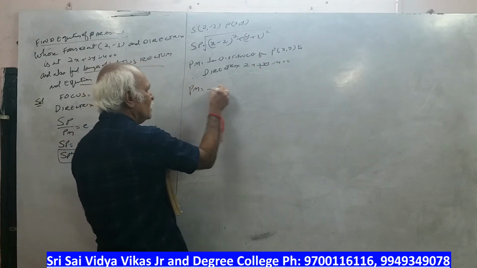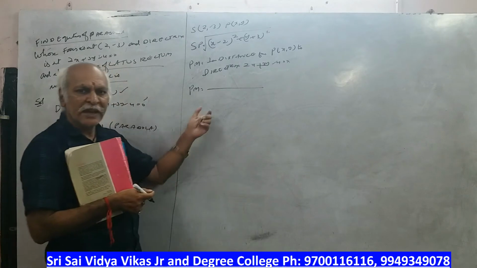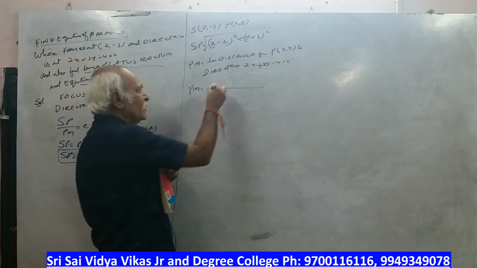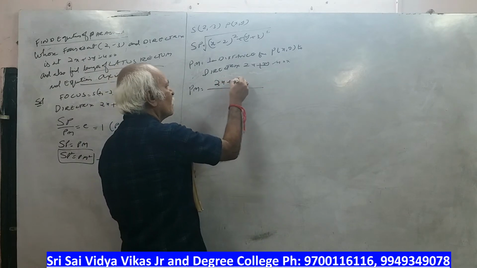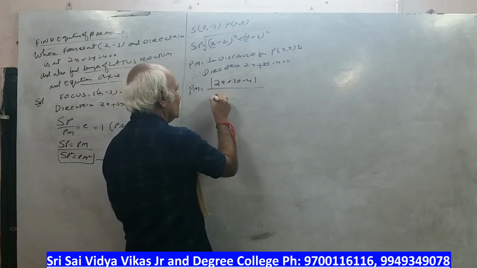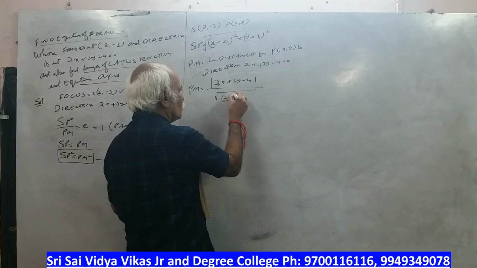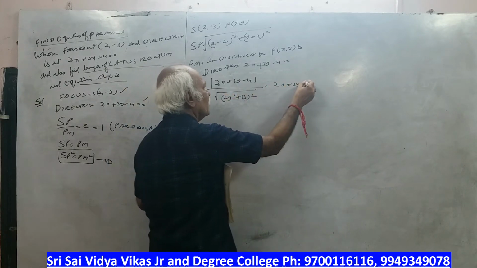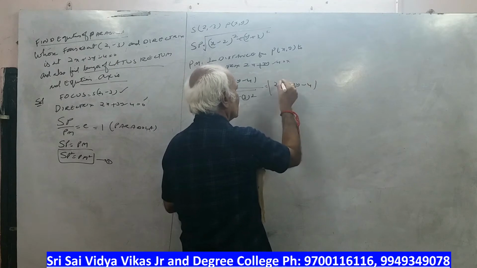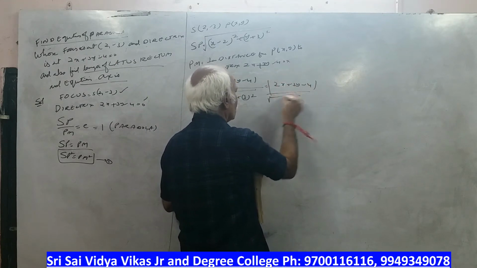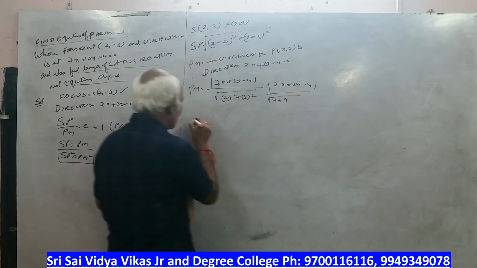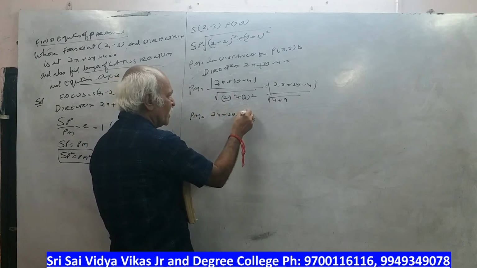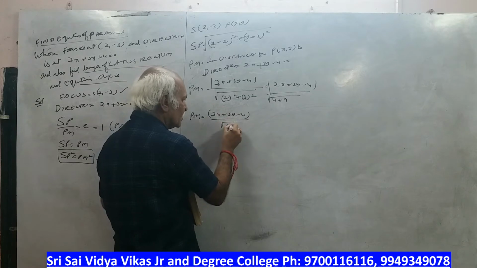You know very well the perpendicular distance formula: modulus of (ax1 + by1 + c) by root of (a square plus b square). Here simply replace the equation: root of 2 square plus 3 square. So modulus of (2x + 3y - 4) by root of (4 + 9). So PM is equal to (2x + 3y - 4) by root 13.